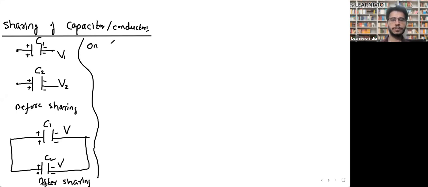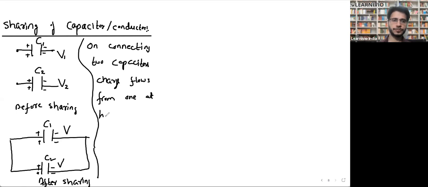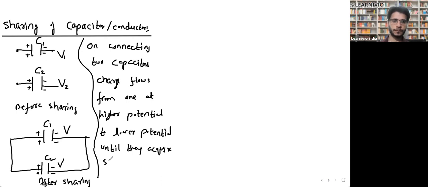So on connecting two capacitors, charge flows from higher potential to lower potential until they acquire the same potential.